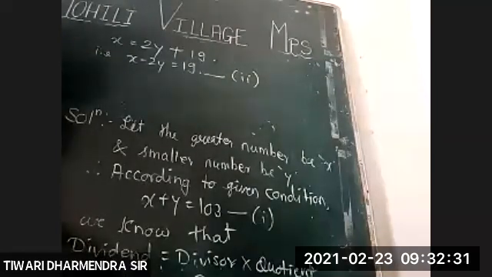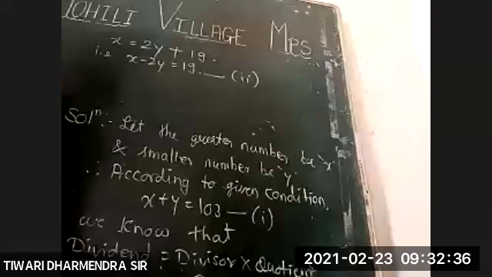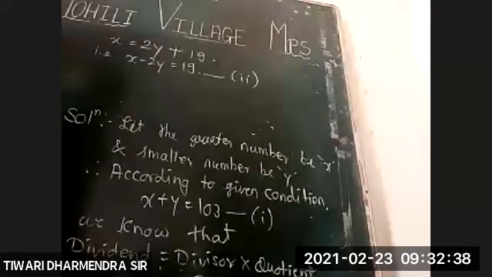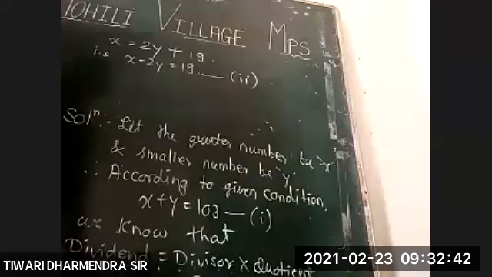So now, what we need to do, as we can see that we are having two equations in which the coefficient of variable y is not the same, but the coefficient of the variable x is the same.